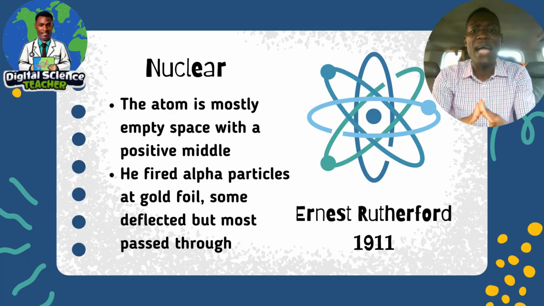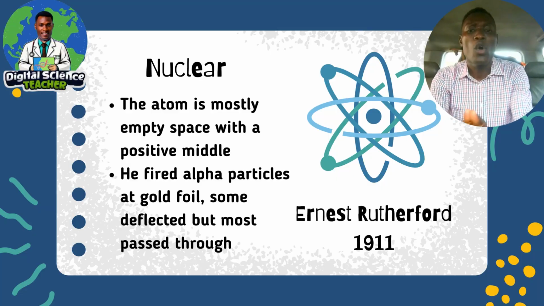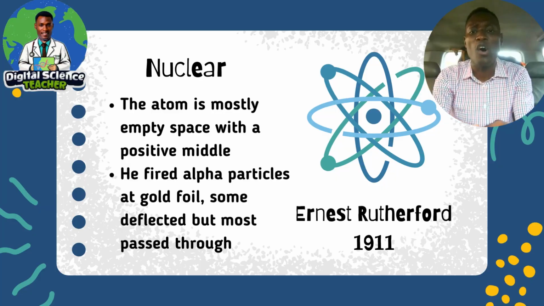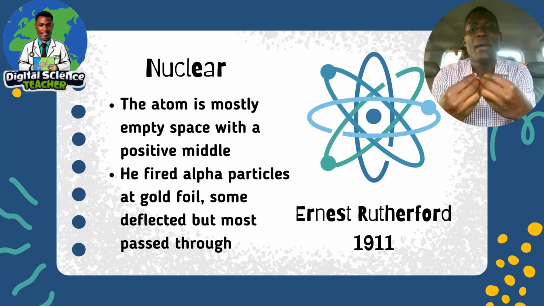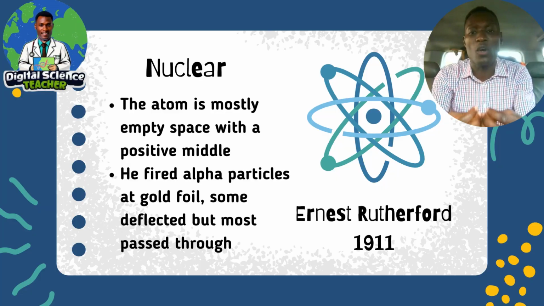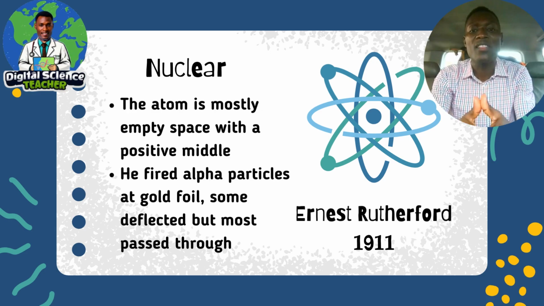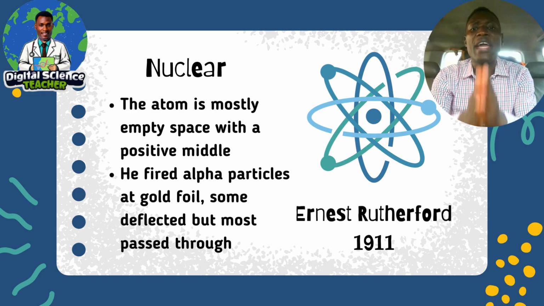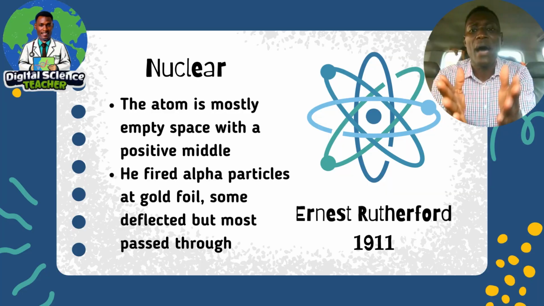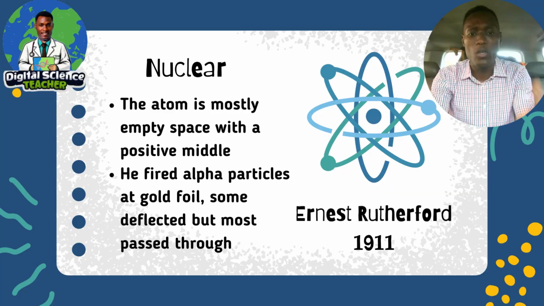He explained that the deflected particles must have been a result of positively charged particles in the atom. So he concluded that atoms consist of a positively charged center or middle, which we later called the nucleus.